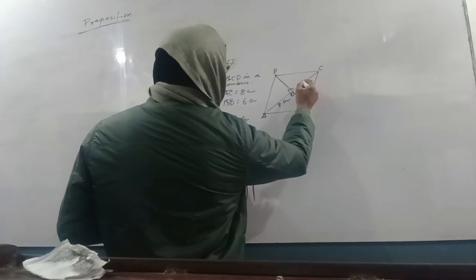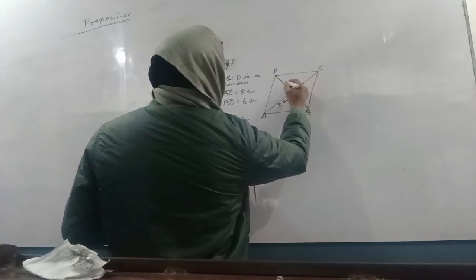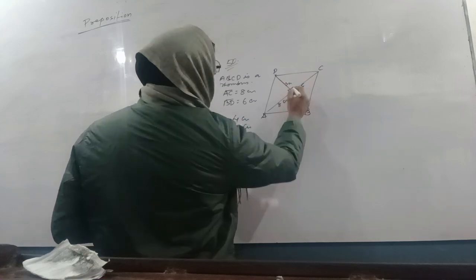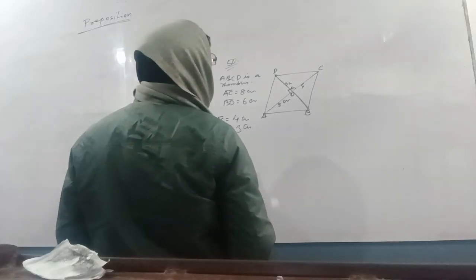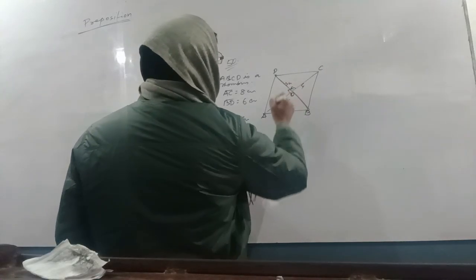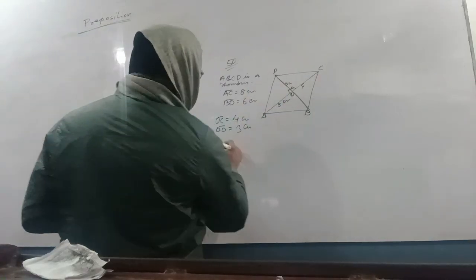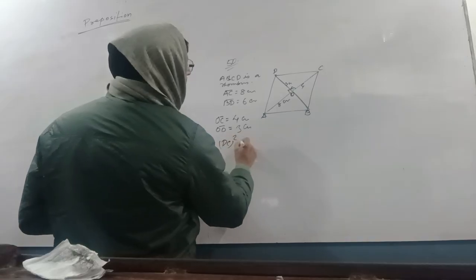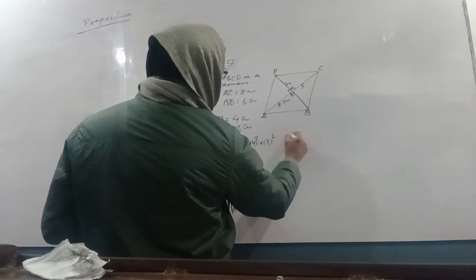This one will be 4 cm and that one will be 3 cm. We know that the two diagonals of a rhombus intersect at right angle. So we will use the Pythagoras theorem: DC square is equal to 4 square plus 3 square.